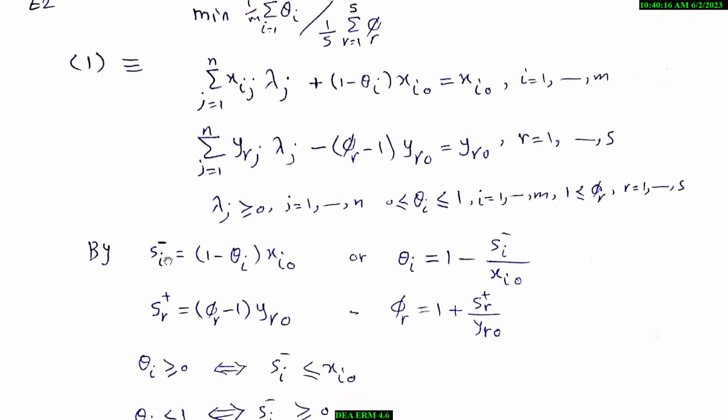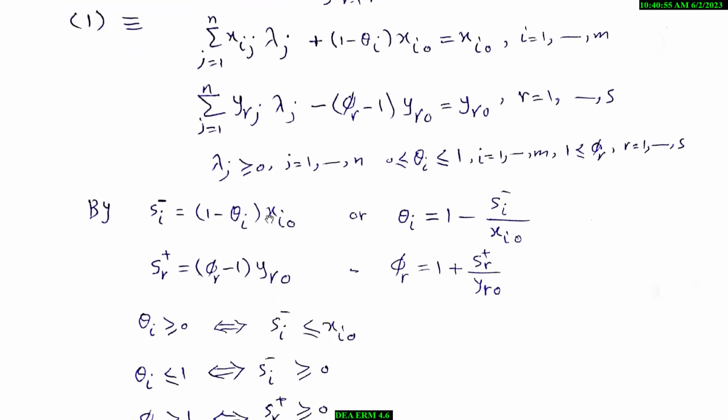Now by putting si minus equal to 1 minus theta i by xio, this is one to one, so we have theta i is 1 minus si minus over xio, and sr plus equal to this, phi r minus 1 by yro, or this phi r is equal to 1 plus sr plus over yro.